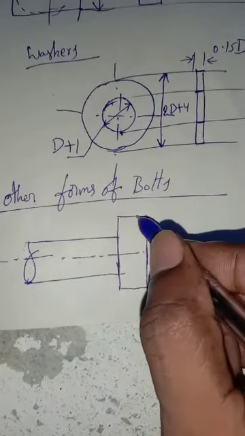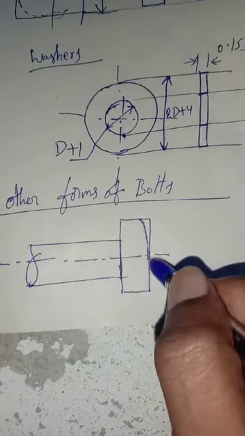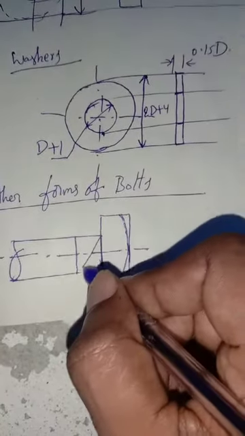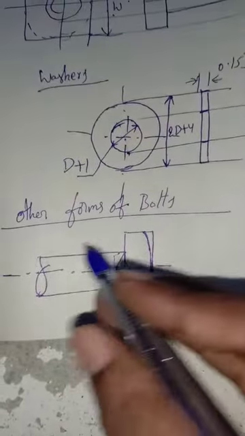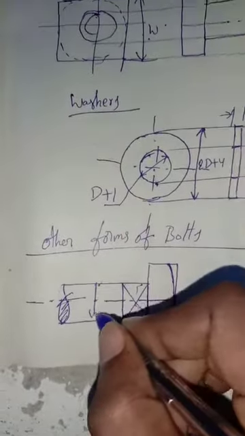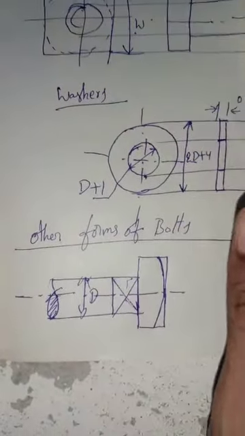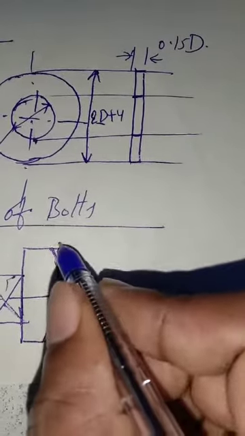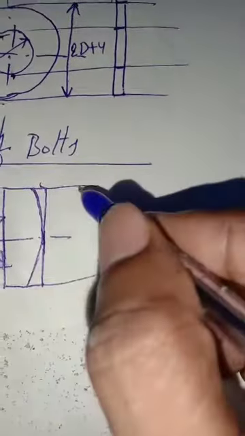Okay, and then here we are going to draw the head like this. This is square. The symbol is called square. Okay, don't forget that. And now here we are going to see this is D. And then the side view of this.